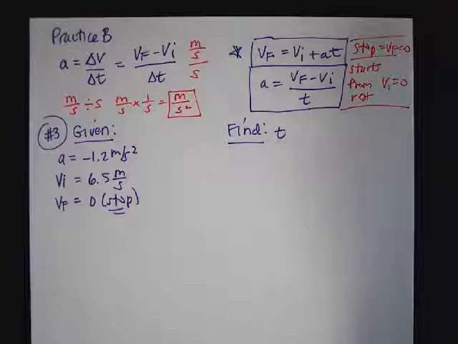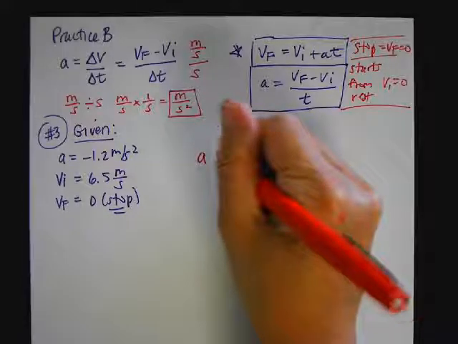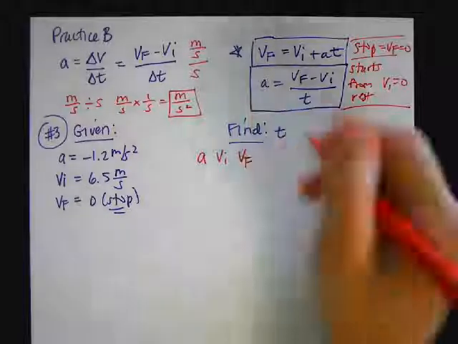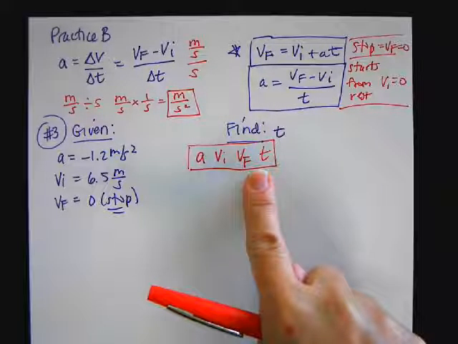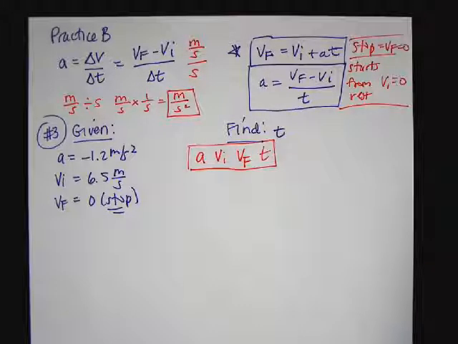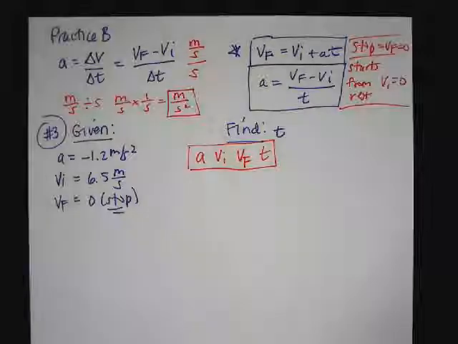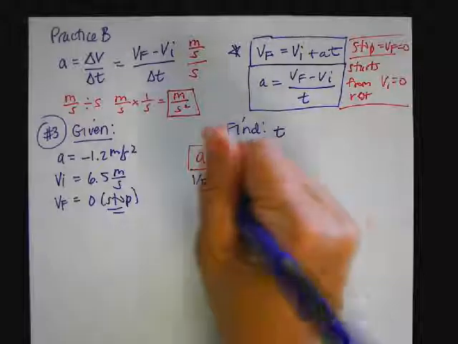Now, later on in the chapter, we're going to write down what we're given, A, VI, VF, what we want to find, T, and then we'll ask which equation has these 4 variables. For our homework and the practice problem, we're using the same equation, so it's actually easier. So first I'll write down my basic equation: VF is equal to VI plus AT.